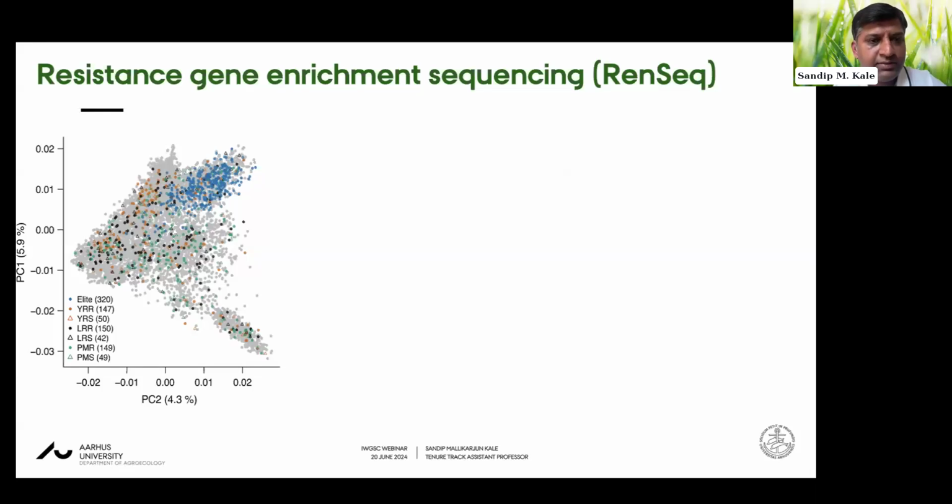And then our last part is the use of resistance gene enrichment sequencing to capture the NBS-LRR genes. As you know, most of the cloned genes are of the NBS-LRR category. And if you see the earlier work, these resistance genes show presence-absence variations.